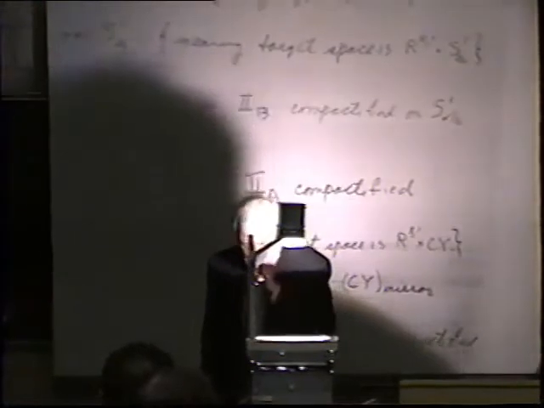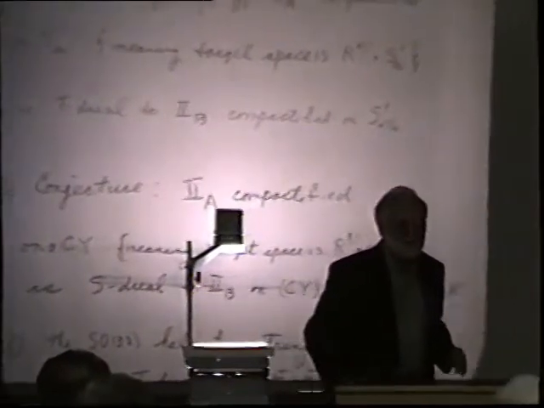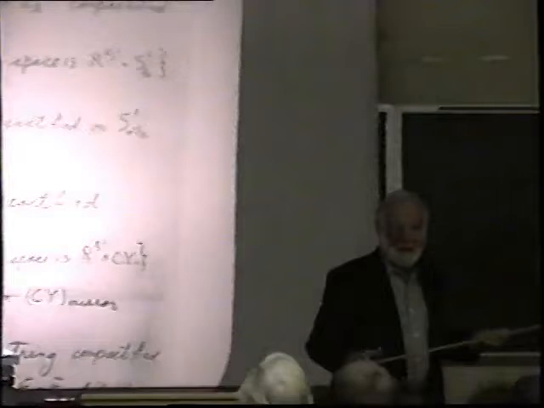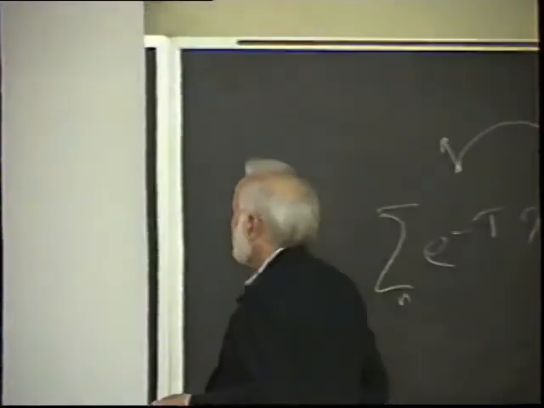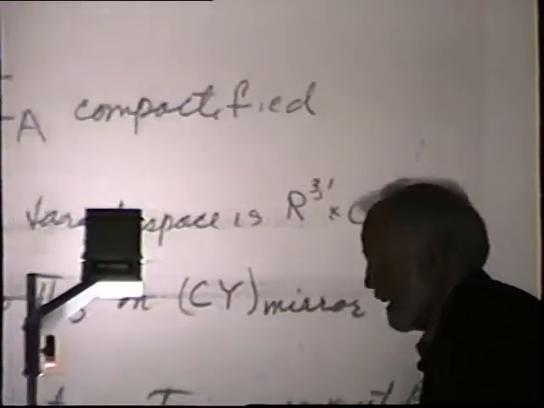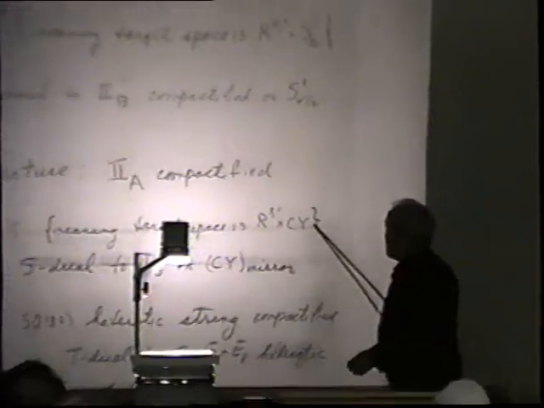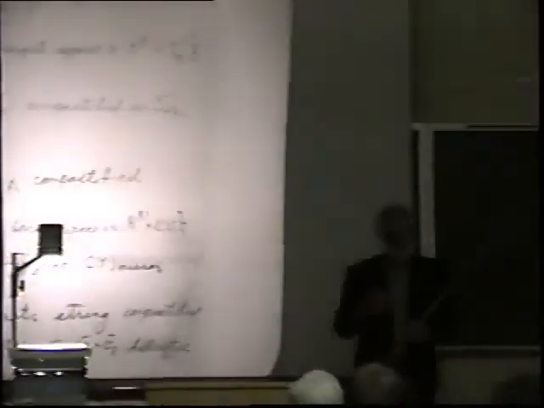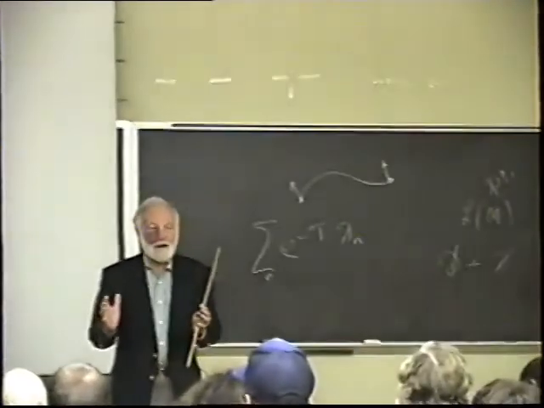Now I want to make one other comment here where you can begin to see that you could actually make a lot of computations, and that is, rather than compactify in a Calabi-Yau, we compactified on the circle. But now suppose you took a torus.